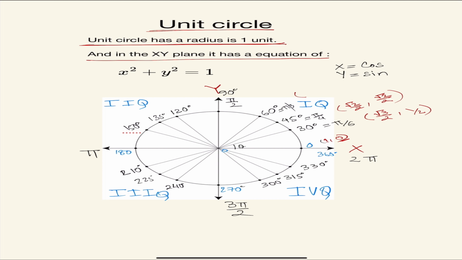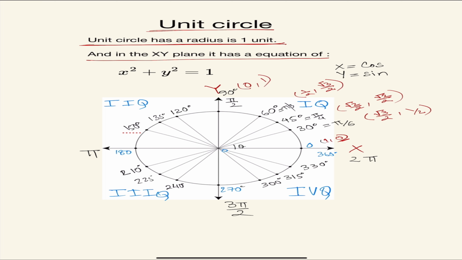Then at 60 degrees, the x value is cosine, so cosine 60 degrees is half, and sine 60 degrees is square root 3 over 2. Cosine 90 degrees is 0. Sine 90 degrees is 1.